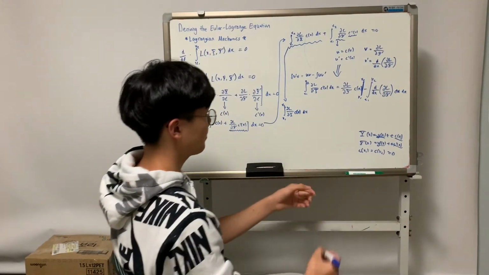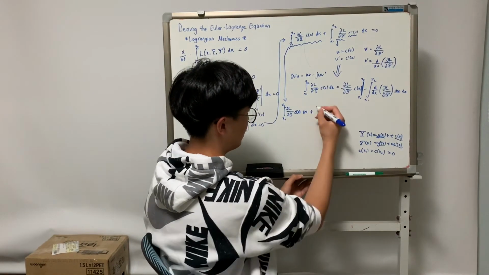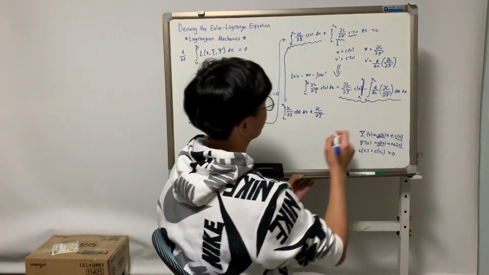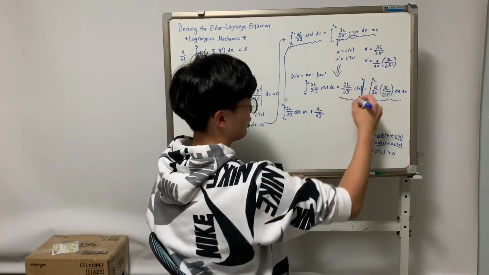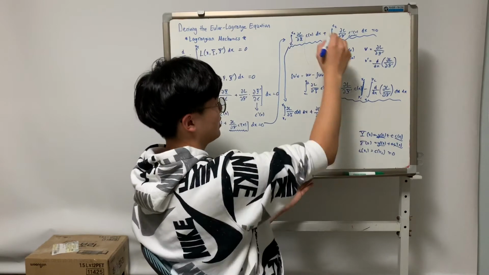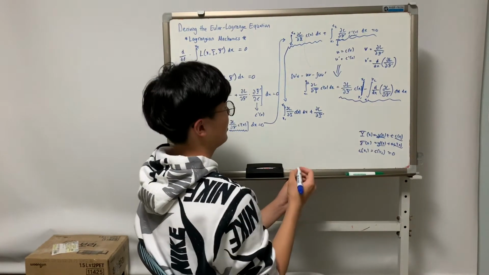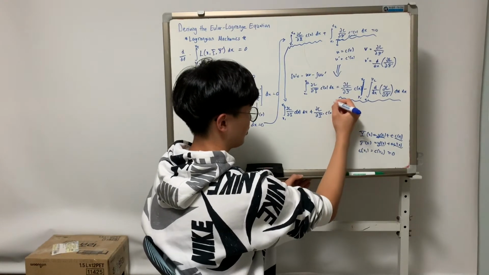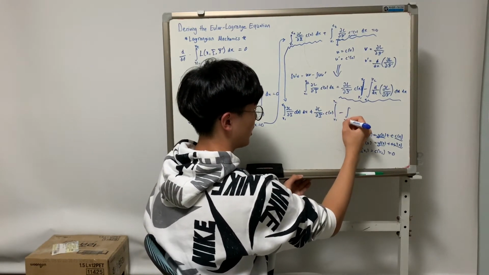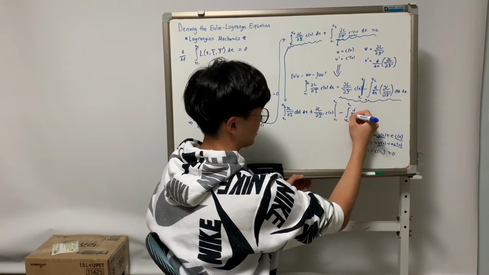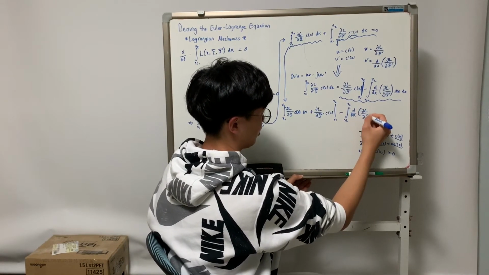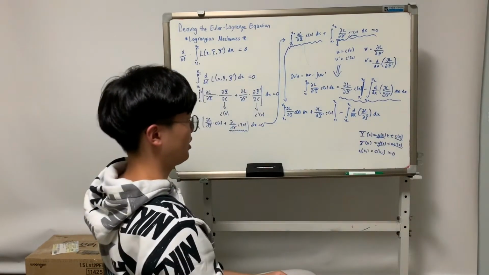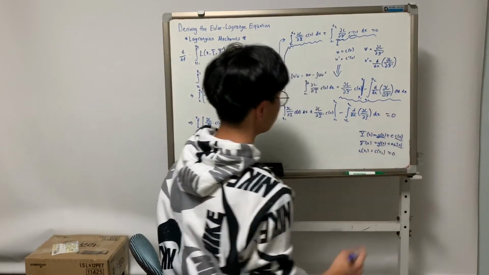So we get that plus partial L over partial y prime. We're going to add this part, because this part over here is equal to this part over here, so we write it down exactly the same in terms of x1 and x2, minus the integral from x1 to x2 of d over dx of partial L over partial y prime, c of x dx. Okay, and that's going to be equal to 0.